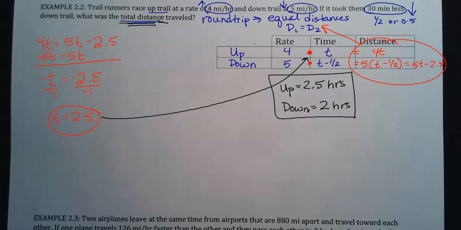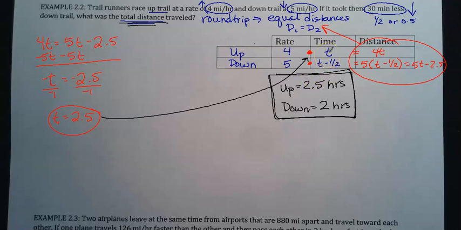We still had to know the time in order to find our distance. We didn't actually have to do this part because the question didn't ask us how long it took to go up and down. It's asking for our total distance. So we still need our time.